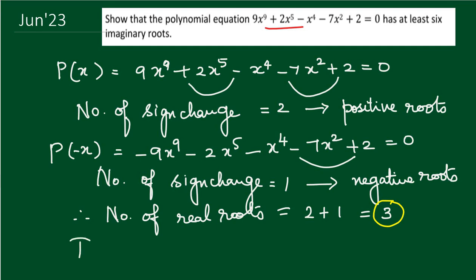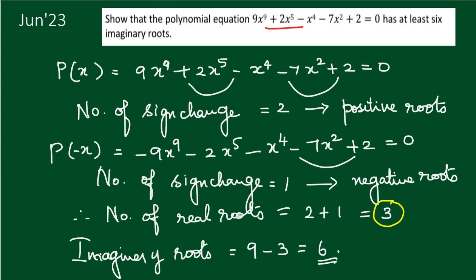So the imaginary roots will be total number of roots for the given equation. It is of degree 9, so it has 9 roots minus 3 real roots. So the remaining imaginary roots, there are 6 imaginary roots for the given equation. We have shown it has 6 imaginary roots.